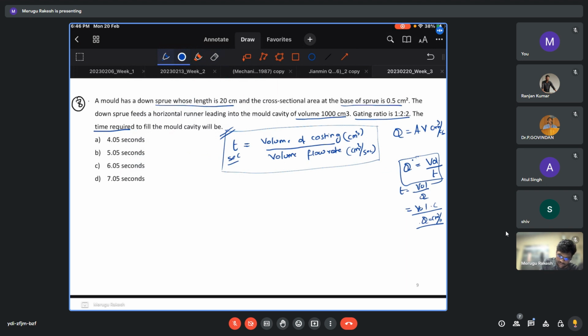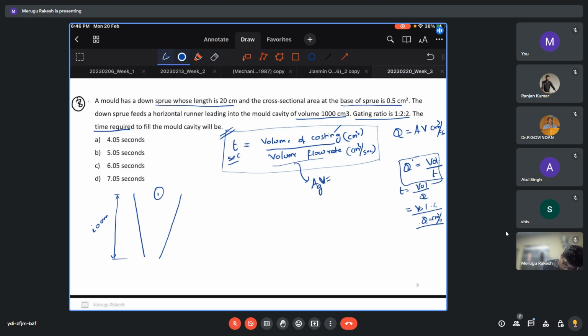So once we get this formula, now we need to know the volume of the casting, which is given. So now we need to find volume flow rate. That is nothing but A into V, and A is gate area, because that is the controlling factor here, and V is the velocity. In our problem, this is the sprue height they have given you as 20 centimeter.